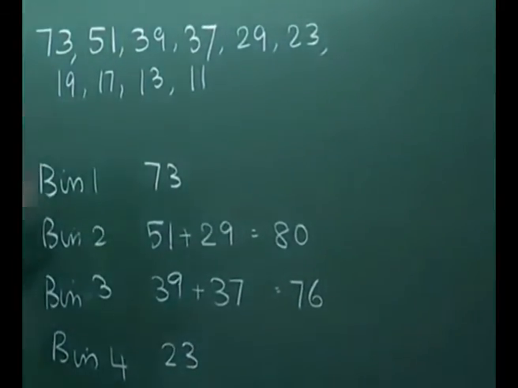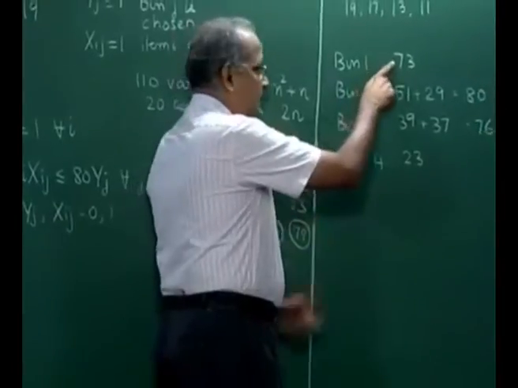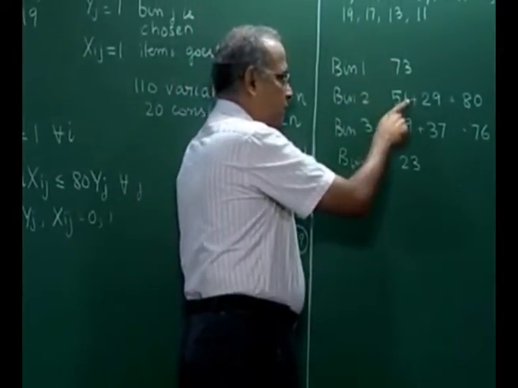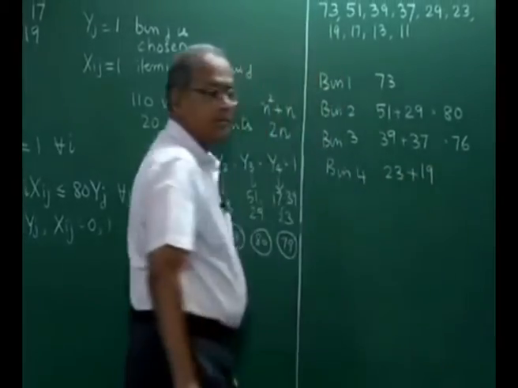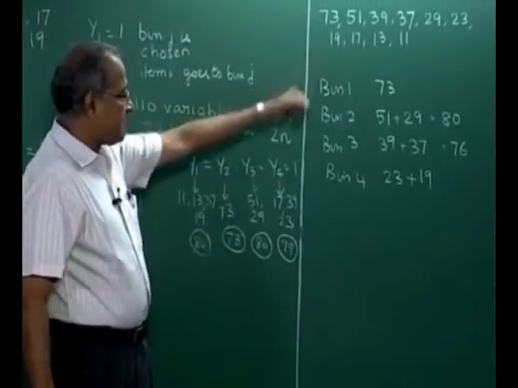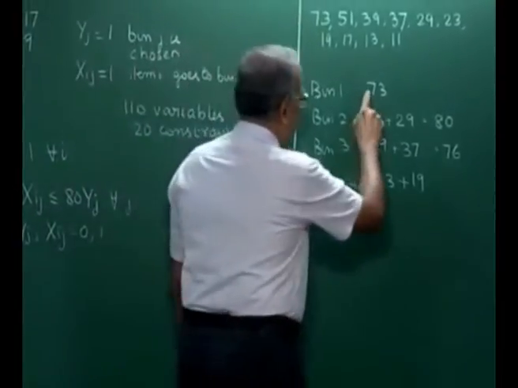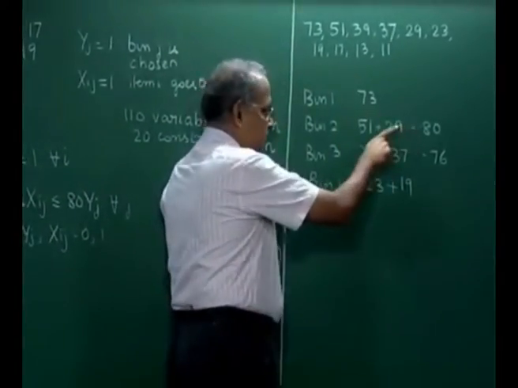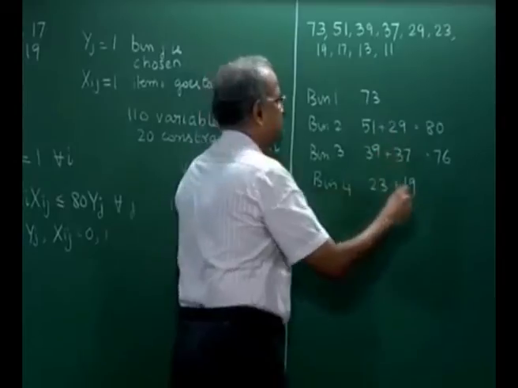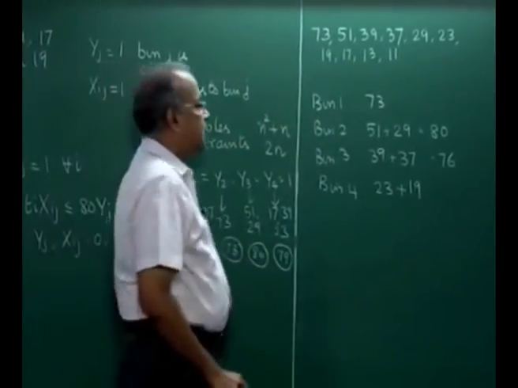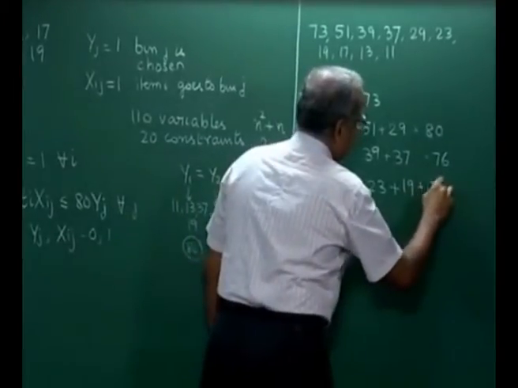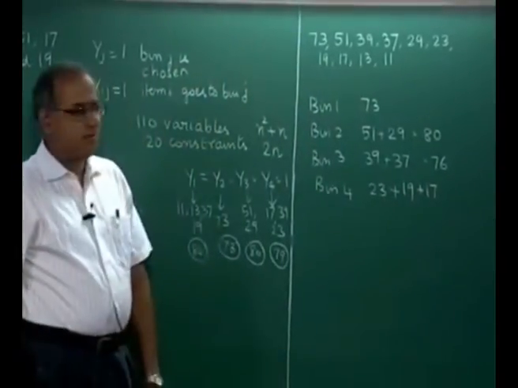Now, take the next one 19. So, 73 it will not go, again it will not go, again it will not go. So, 23 plus 19. Now, take the item with 17, it still will not go because this will be 90, it will not go into this bin, it will not go into this bin, it will go into this bin. 23 plus 19 is 42, 42 plus 17 is 59, so it will go into this bin.